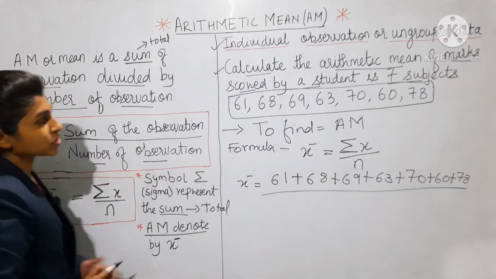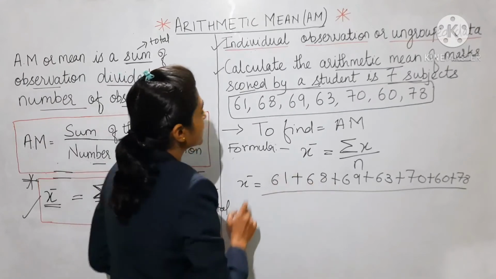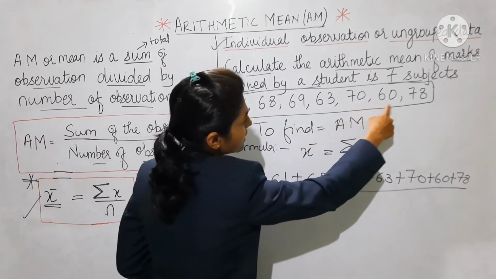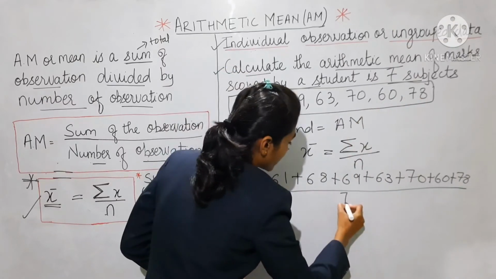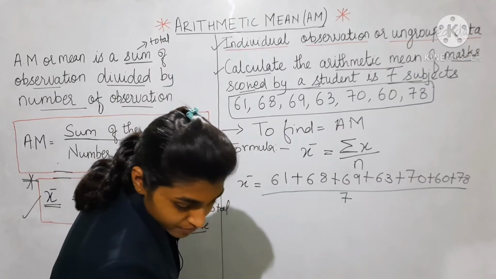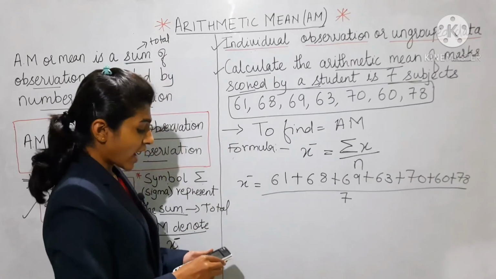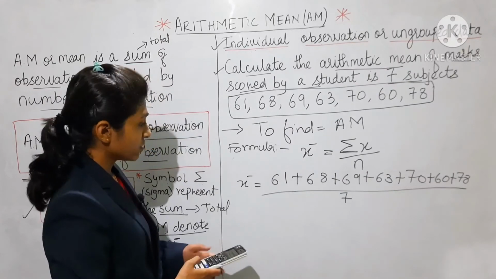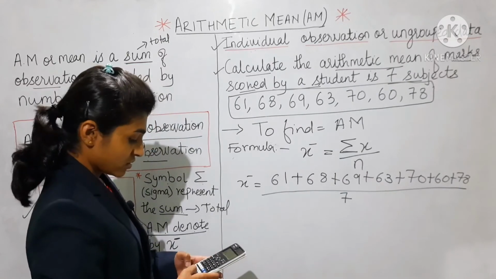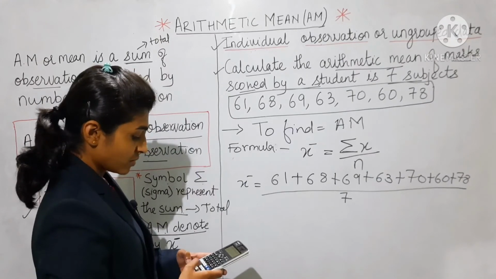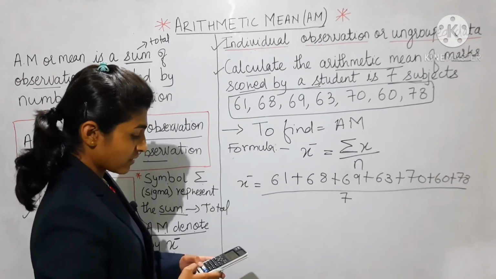N stands for number of observation. How many observations are there? 1, 2, 3, 4, 5, 6, 7. 7 observations. So we are finding the average. Add 61 plus 68 plus 69 plus 63 plus 70 plus 60 plus 78.